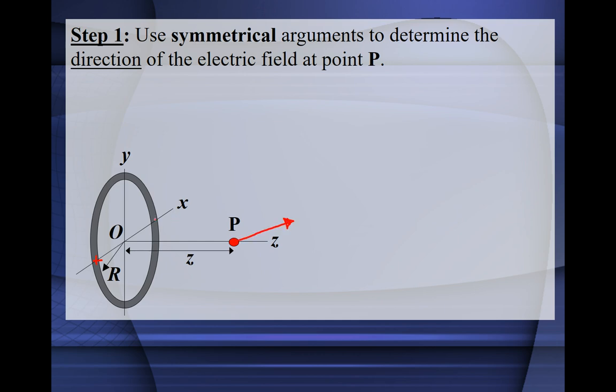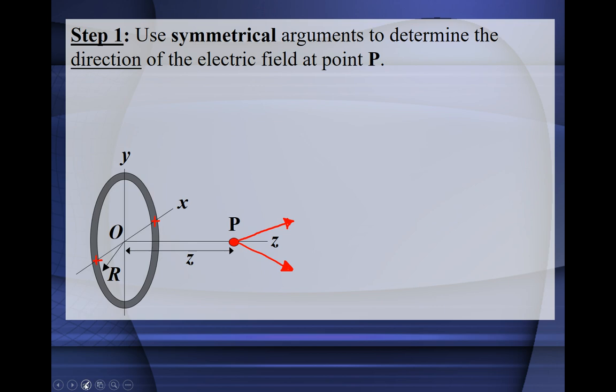If you look at a charge on the opposite side, that would cause the electric field at point P to point in a direction that looks like that. So if we look at these two vectors, they would be along the xz plane. What would happen with these two is that the x components would cancel off, and you would just be left with the net direction of the electric field pointing in the positive z direction.